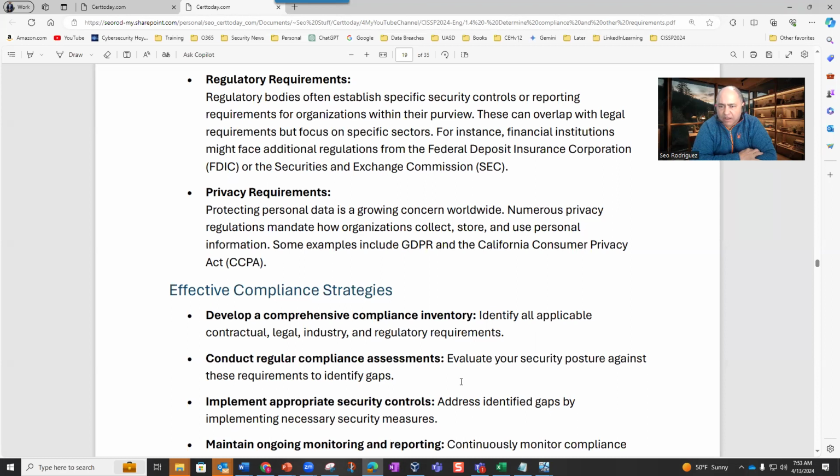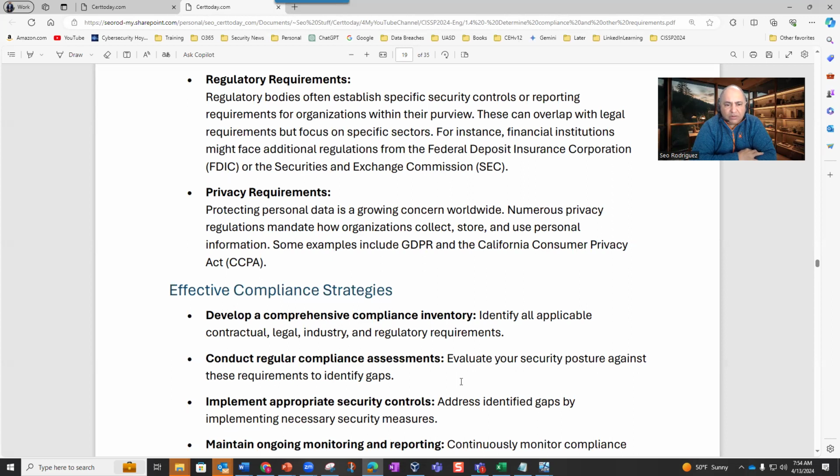For instance, financial institutions might face additional regulations from the Federal Deposit Insurance Corporation, the FDIC, or the Securities and Exchange Commission, SEC. The fact is that as a security professional, it is extremely important that you understand all these regulations or laws, because if you do not, then you can get into trouble.